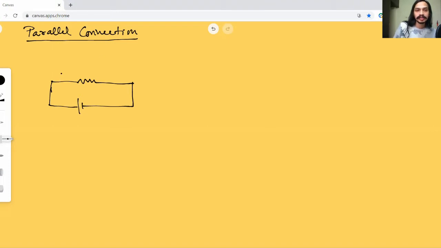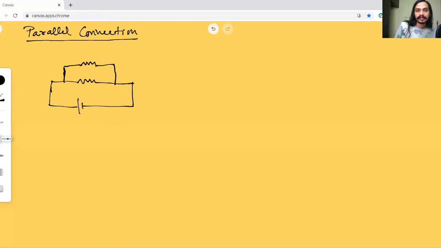So let's say that over here I make another connection and put another load, and then connect it back over here. Now the current can move either in this way or in this way.